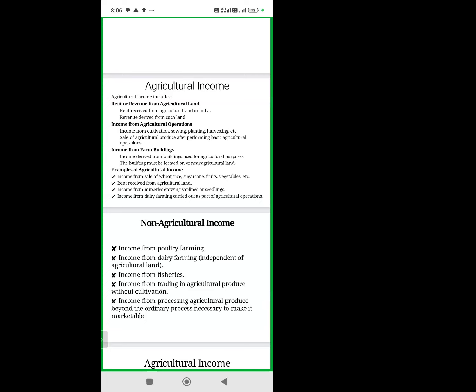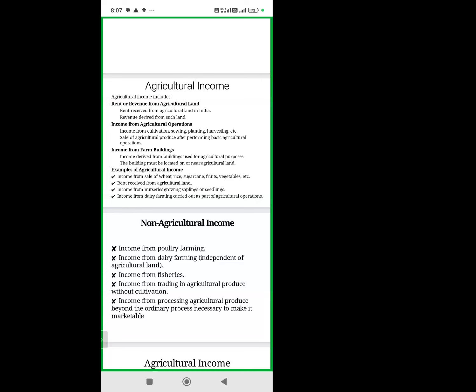Income from sale of wheat, rice, sugarcane, fruits, vegetables, etc. Rent received from agricultural land. Income from nurseries, growing saplings and seedlings, income from dairy farming carried out as a part of agricultural operation, because we require all these animals for farming.